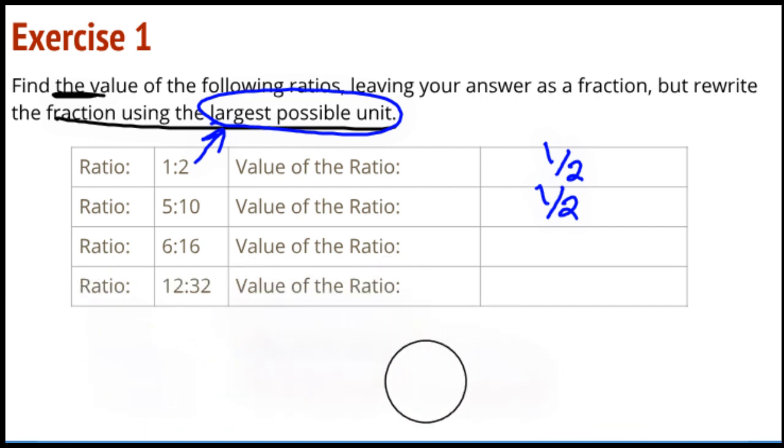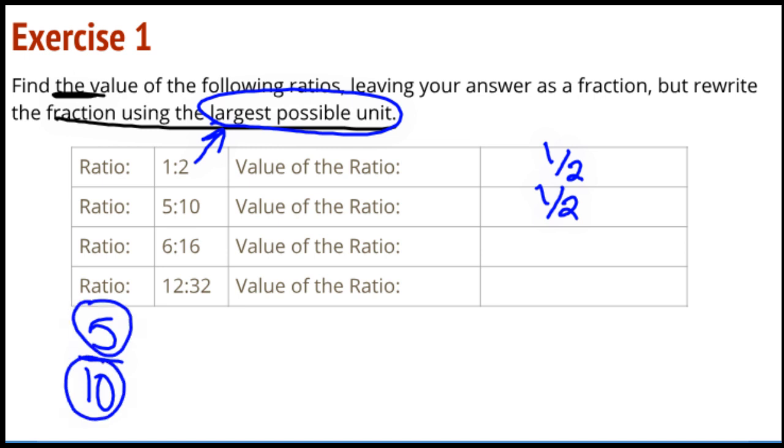Now, another way to look at this would be to ask, is there a unit, a value for C, that I can divide both of these by?